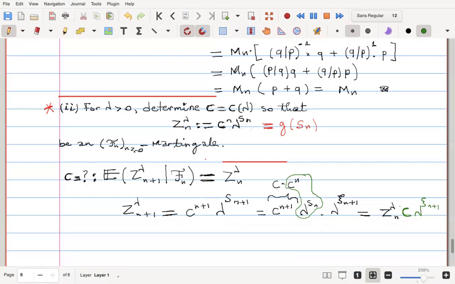So now if you take all these and substitute into this expression, we have that the conditional expectation of Zn plus 1 lambda given f sub n is equal to the conditional expectation of what?